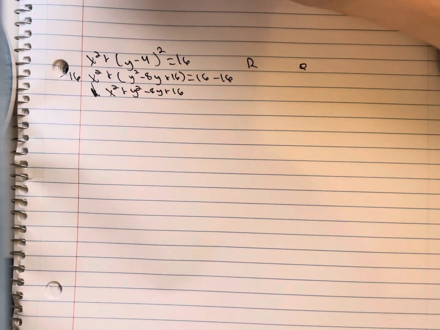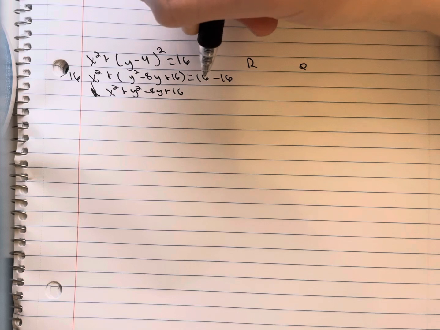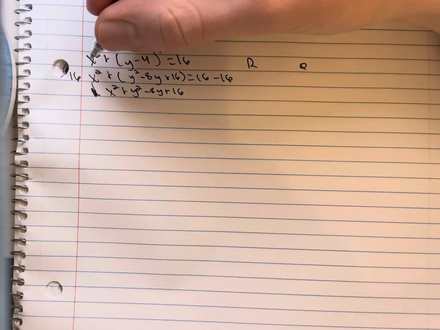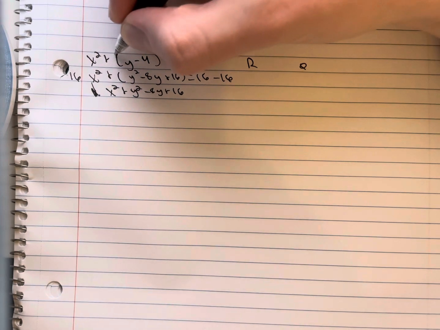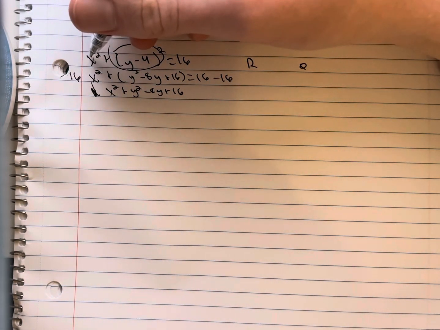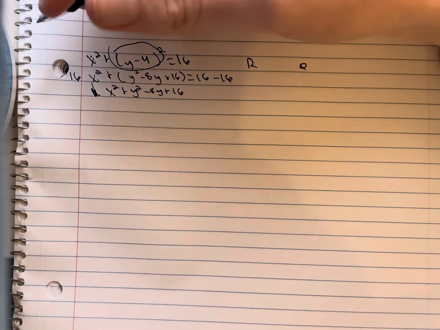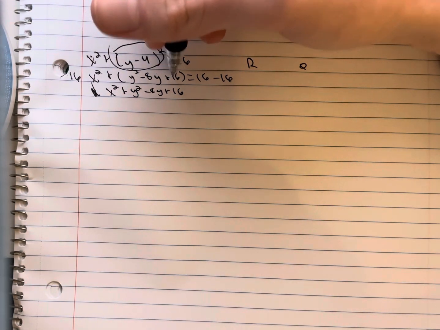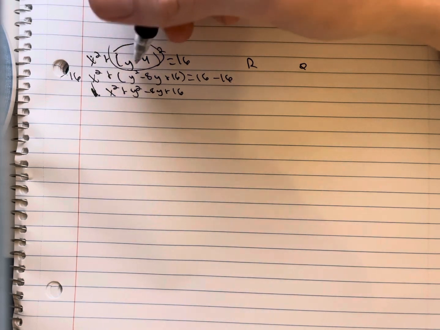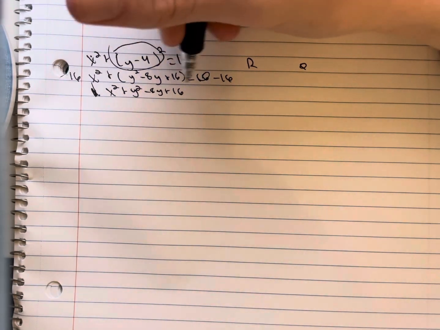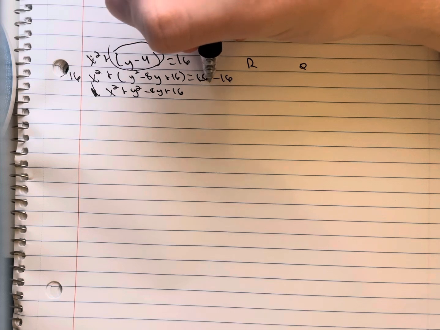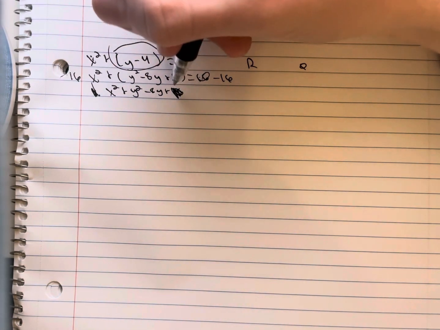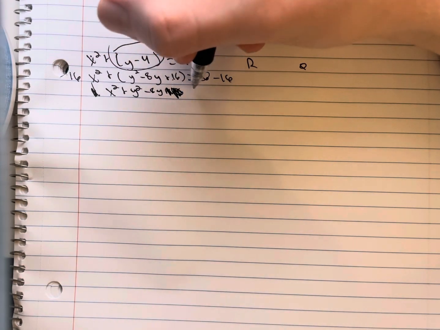And just in reference tomorrow, when you FOIL out, sometimes this x squared is going to be in parentheses as well. If you FOIL it out, the numbers without a variable next to them, so this 16, should add up to be this number. You always want to get this number to subtract to the side and equal 0. So let's rewrite it as x squared plus y squared minus 8y equals 0.